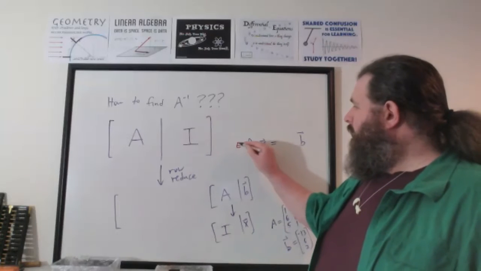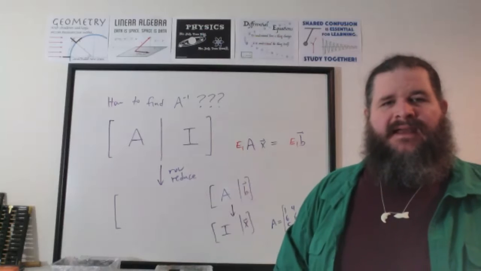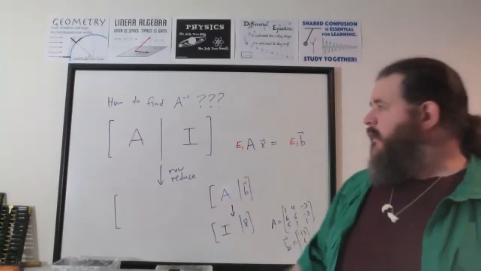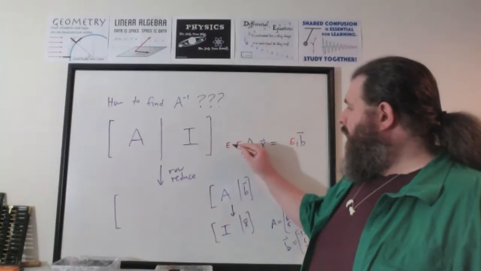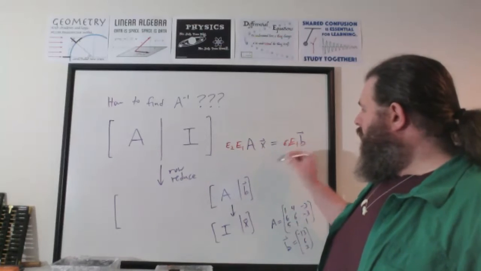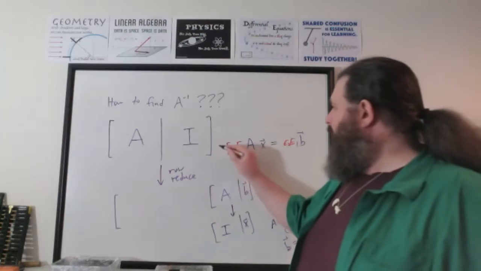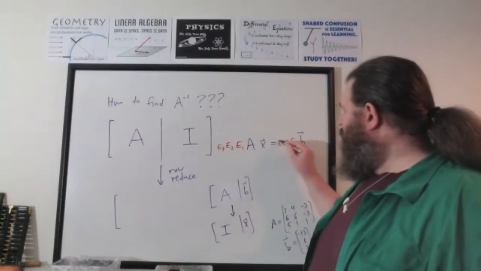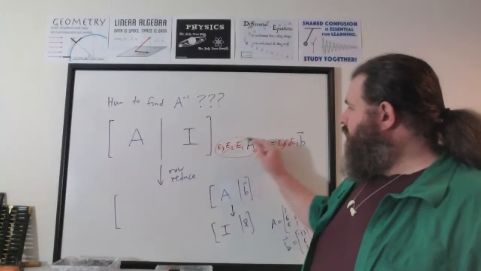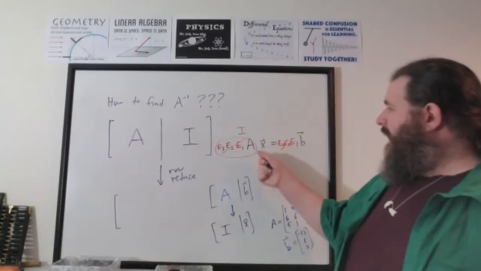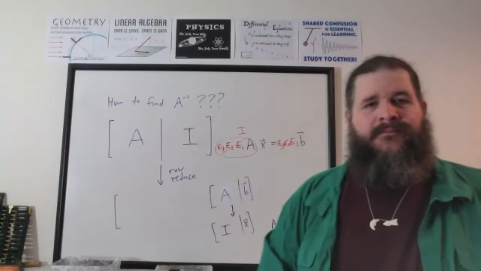Let's say E1 represents the first step you do, maybe like add 3 times row 1 to row 2; you're doing that to both A and B. And then maybe you do another operation, E2, to both whatever you have so far here and whatever you have so far here. And then another operation. And eventually you get to a point where maybe what's left here is the identity matrix, which means X equals B modified by whatever steps you took to cancel out A.